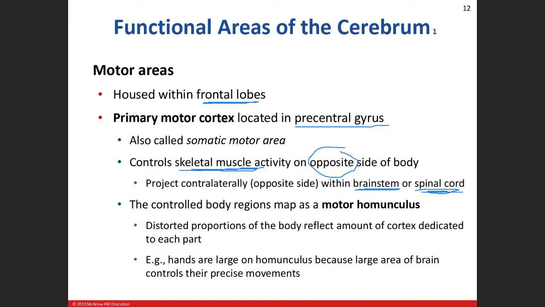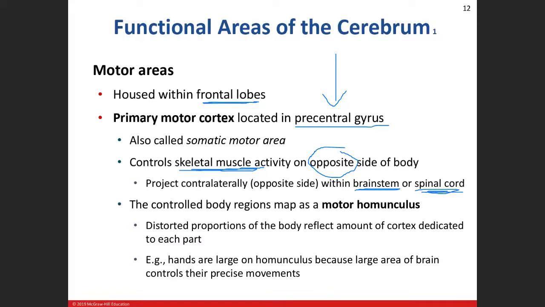And basically, there are certain regions of our primary motor cortex, or that precentral gyrus, where a certain amount of nervous tissue real estate is going to be dedicated to specific areas of your body. Areas where you need to have more motor control, fine motor movements like your hands, are going to have a lot of nervous tissue real estate.